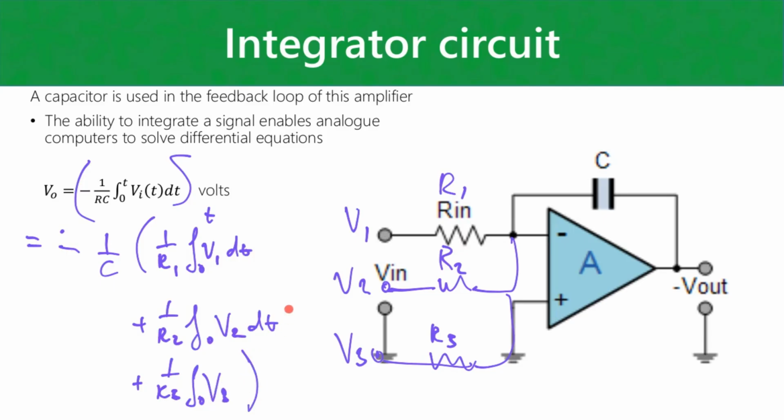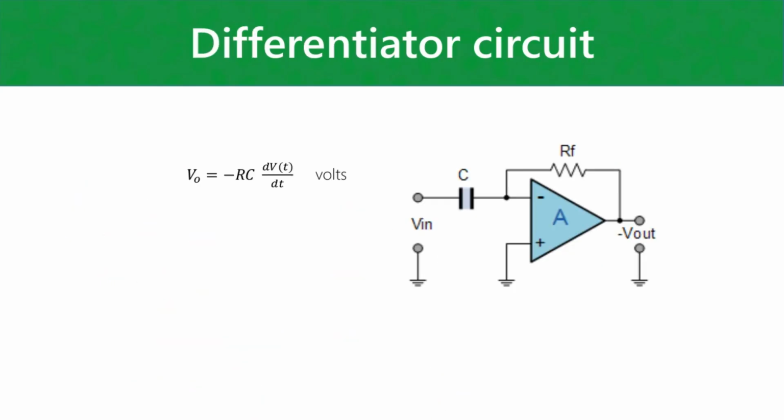Right. Cool. So it's really not that complicated. It just looks very intimidating because you have an integral there. But I'll show you guys in a second. It's really not that difficult.